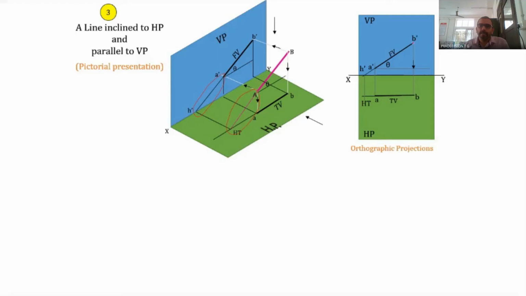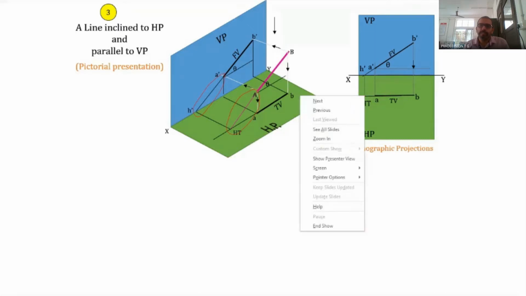We extend this A dash B dash to the XY line so that we obtain H dash, and from H dash we drop a projector so that it intersects with the extension of the top view. This point is marked as HT.